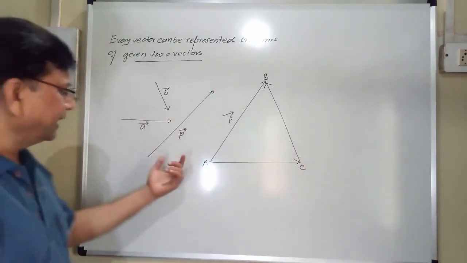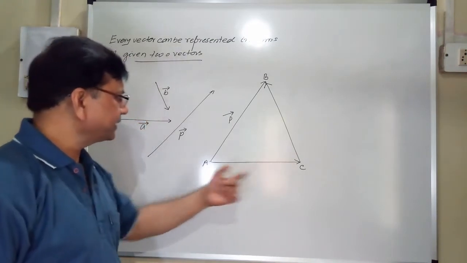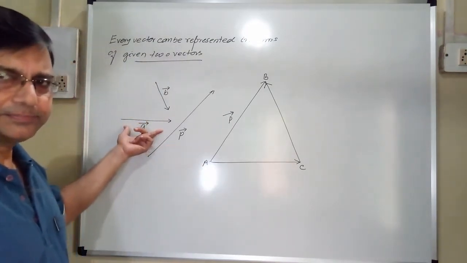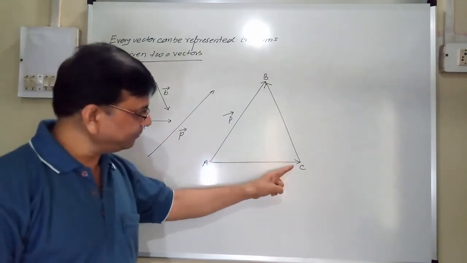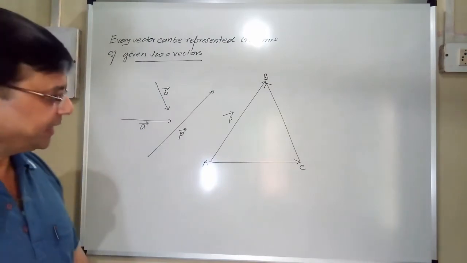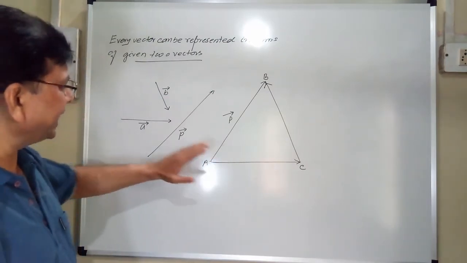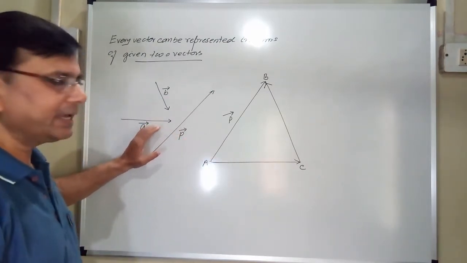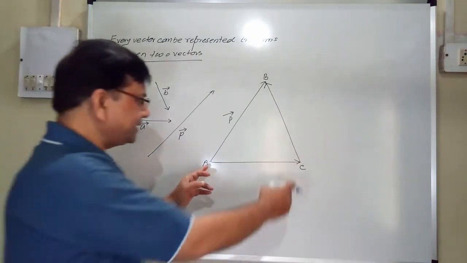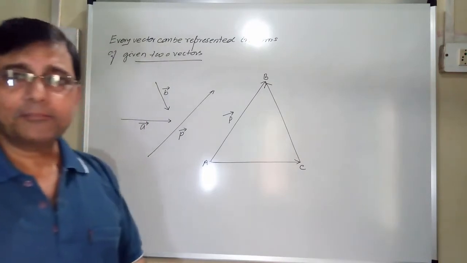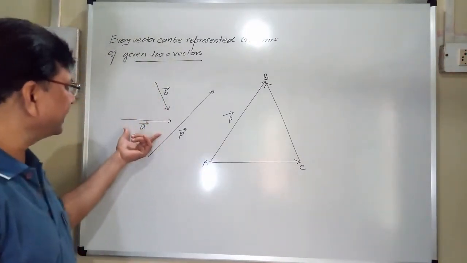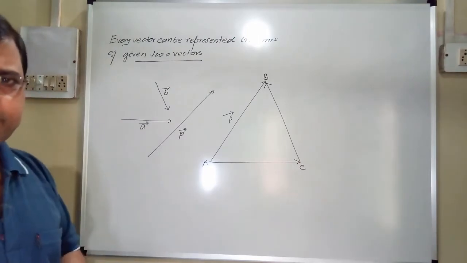Now you see, AC vector is parallel to A vector and the arrowhead is put in the direction of the arrow of the vector A. It means the direction of this AC vector and A is the same, but the length is more. It means the magnitude of the vector AC is more than that of A, where the direction is the same.